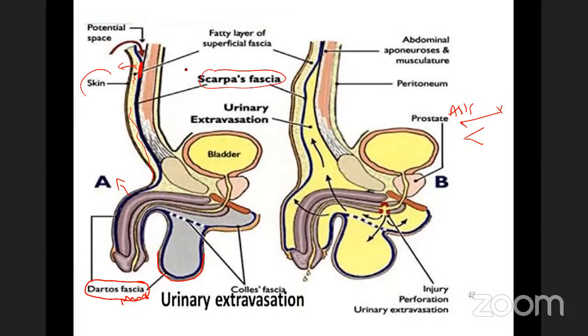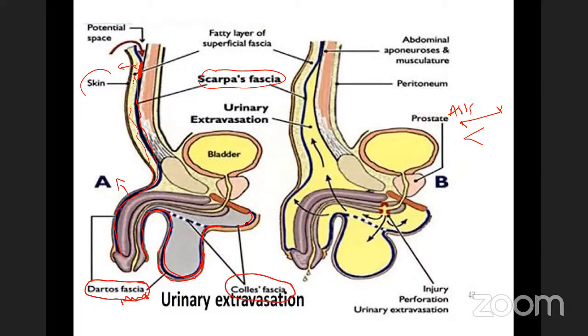So Scarpa's fascia is the deep membranous layer. We will trace this layer. It becomes a tubular prolongation around the penis. Then it continues over the dartos muscle, and it becomes continuous with the fascia of the perineum, which is known as Colles fascia.